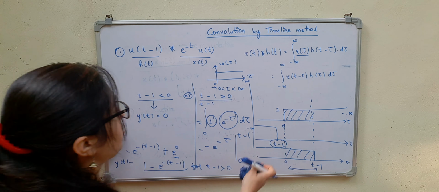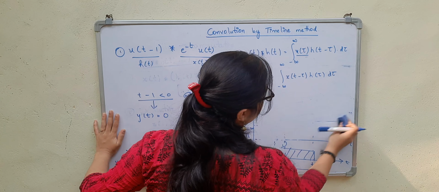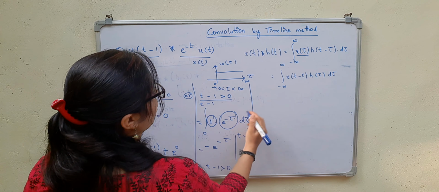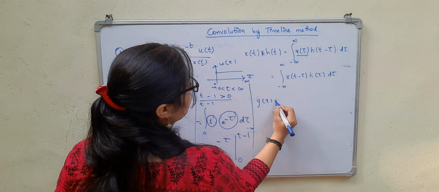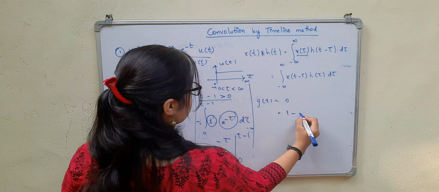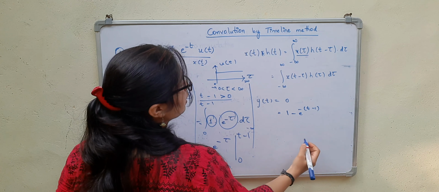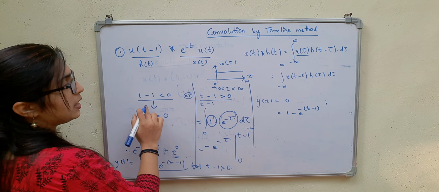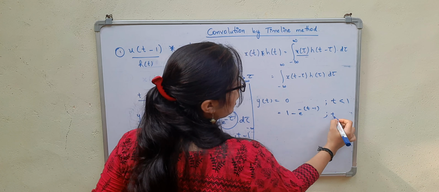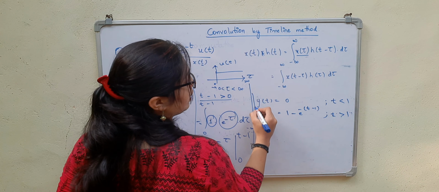So now we can write y of t. Y of t is equal to 0 when t minus 1 is less than 0, that means when t is less than 1, and it is 1 minus e to the power of minus (t minus 1) when t is greater than 1.